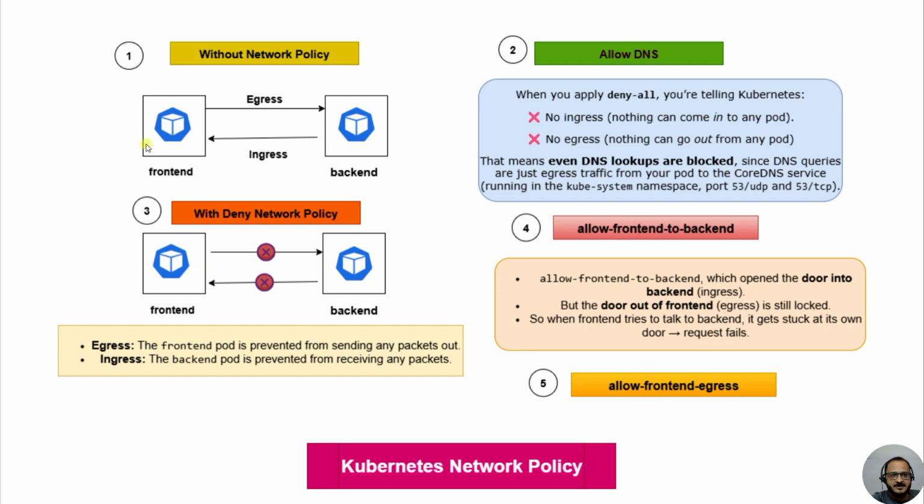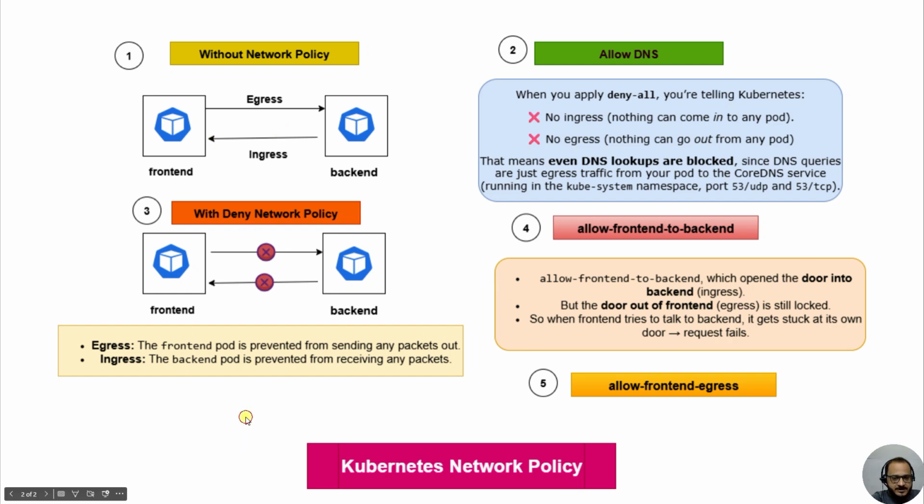Let's implement this communication first, the first part of this video. Then we will implement network policies, and then we will see how we can explicitly allow the traffic, for example frontend to backend or backend to frontend.